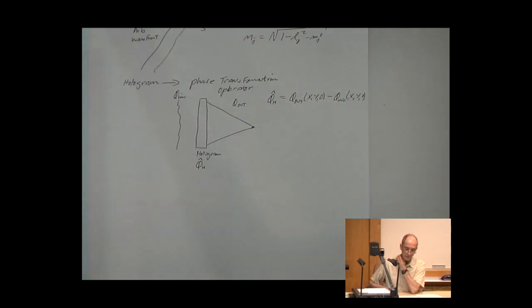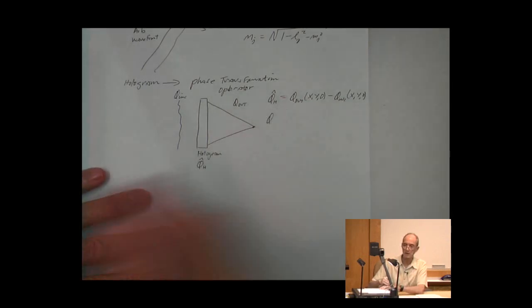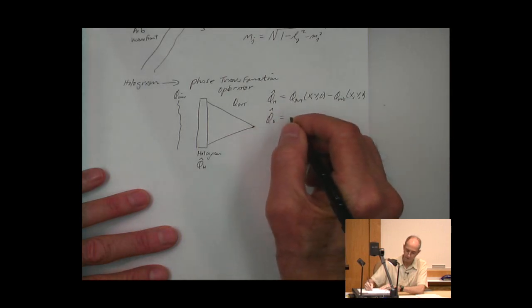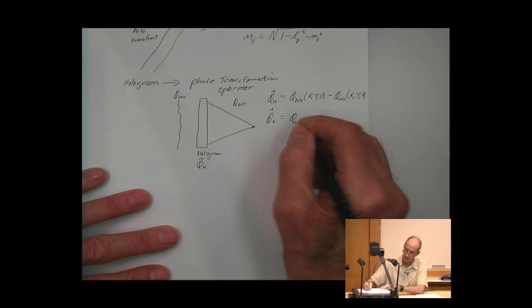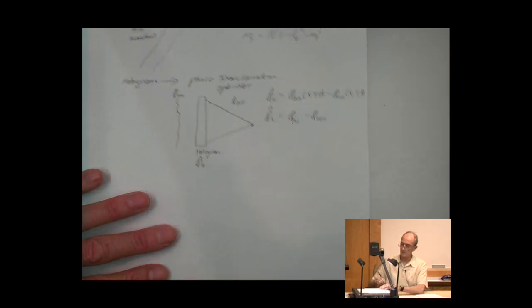And we need to form that by, again, our construction process, which involves a reference and an object field, or an object phase. So we have an object phase minus this reference phase.